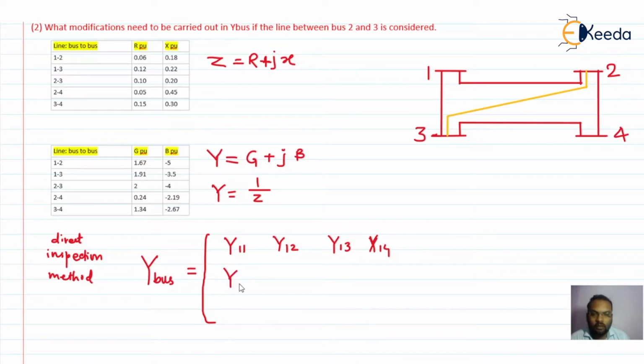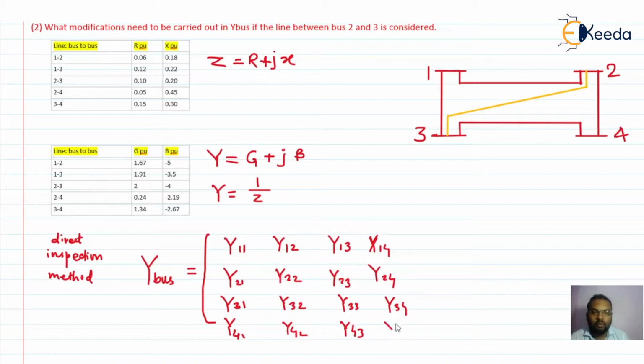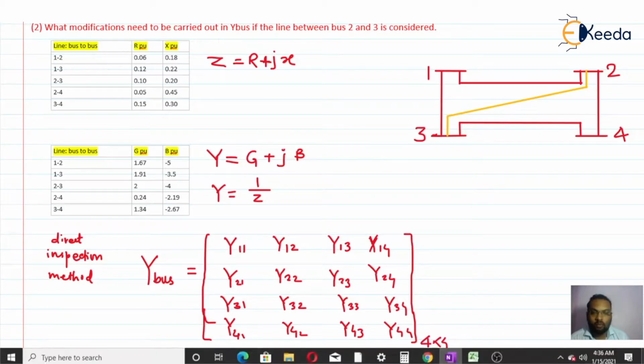Then Y21, Y22, Y23, Y24, then Y31, Y32, Y33, Y34, then Y41, Y42, Y43, and then Y44. So these are the elements of the Y bus matrix, of course a 4 by 4 matrix.